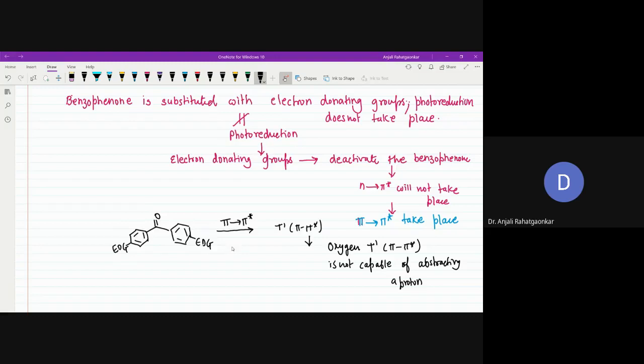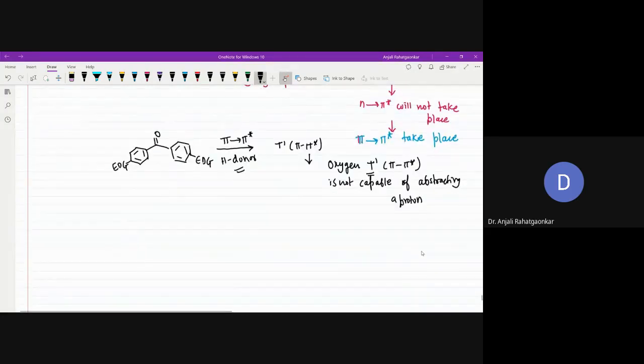Proton donor is there. सब कुछ तामझाम वैसे के वैसा ही है, but the oxygen in the triplet state, this is a very important point to be noted over here, that the oxygen which is formed in the triplet state in the pi-pi transition is not capable of abstracting a proton, and that's why the photoreduction is not possible.